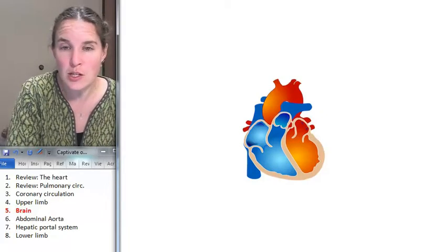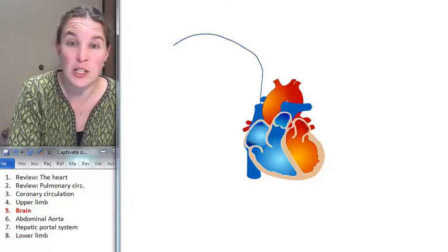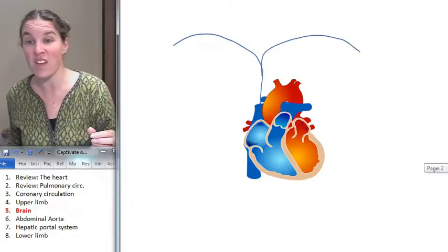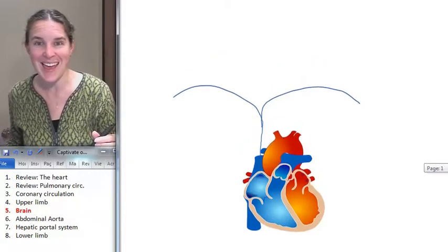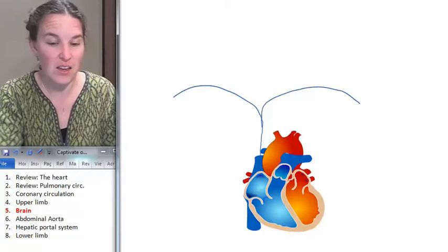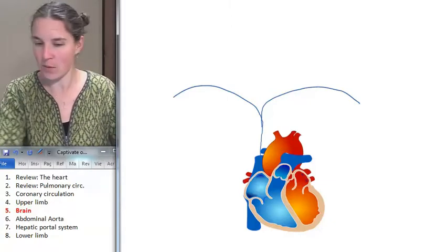Look, here's my superior vena cava that comes up and it branches into my two brachiocephalic veins. And then guess who we have doing their thing here?